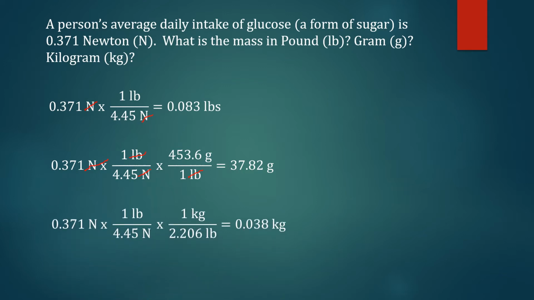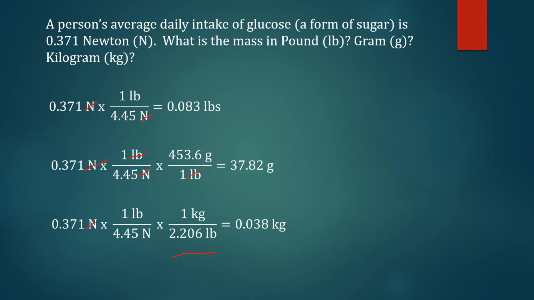So as you can see in here, a kilogram is equivalent to 2.206 pounds. So that is the conversion factor that we will be using, as well as the pound to newton or the newton to pound, just like in grams.